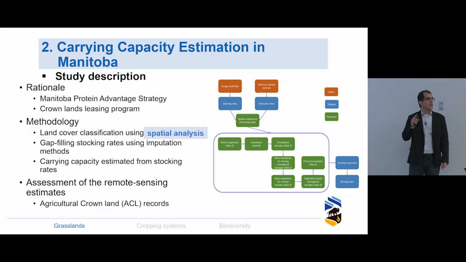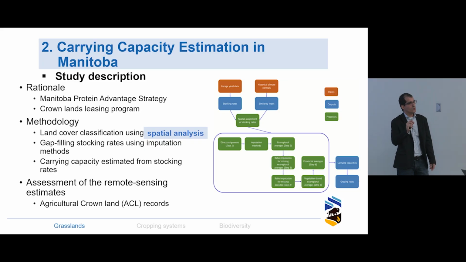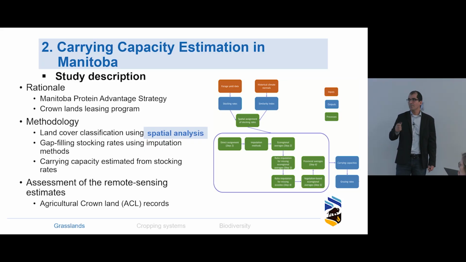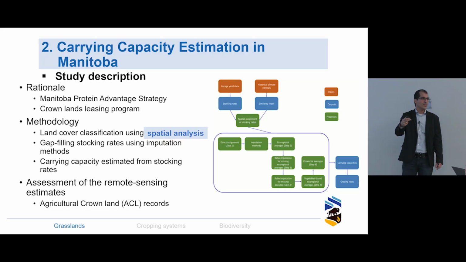And this includes animal protein, which includes beef, which depends on grass. This is also important because the province administers the Crown Land Program, which leases lands for producers. So the productivity of those lands is crucial for them to set up the price properly and to also make sure that they are asking or charging for what's reasonable and expected. So this is the motivation for this.